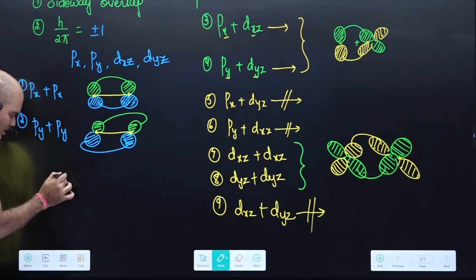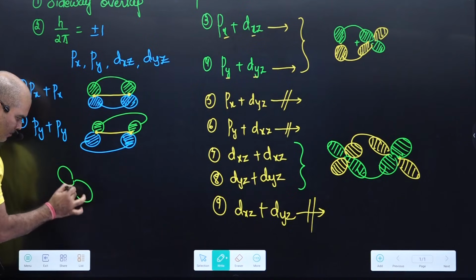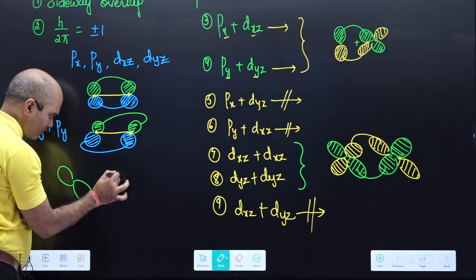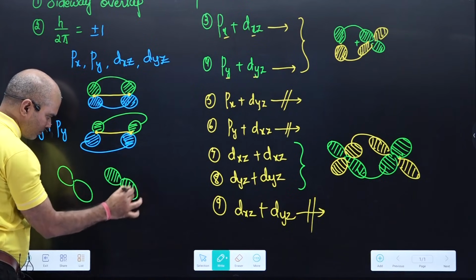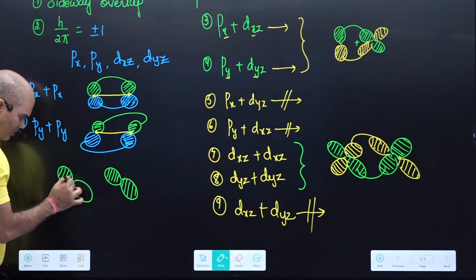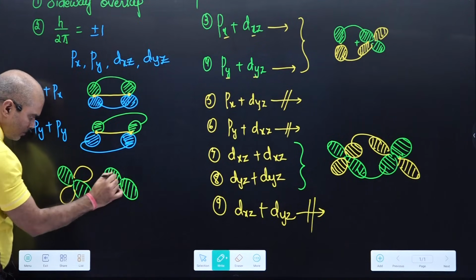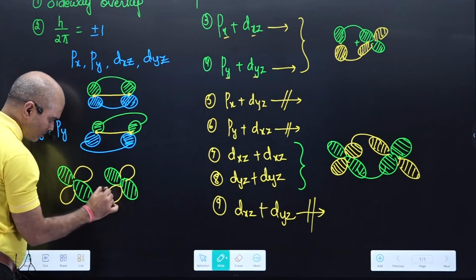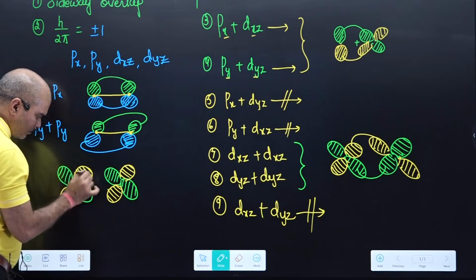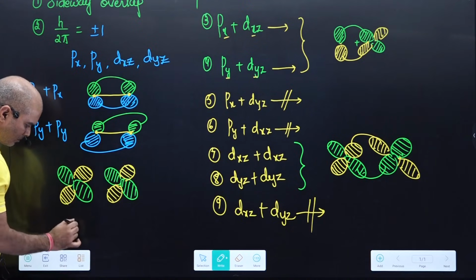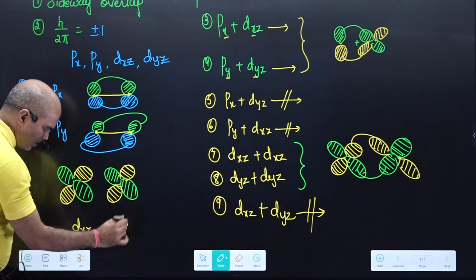Suppose they give you this type of combination. This is dxz, this is also dxz.